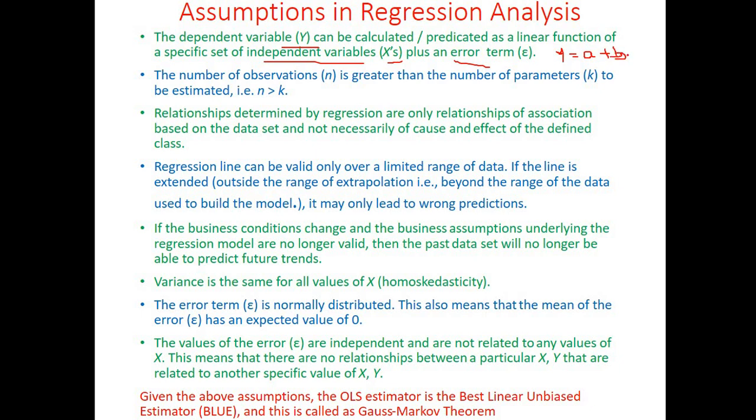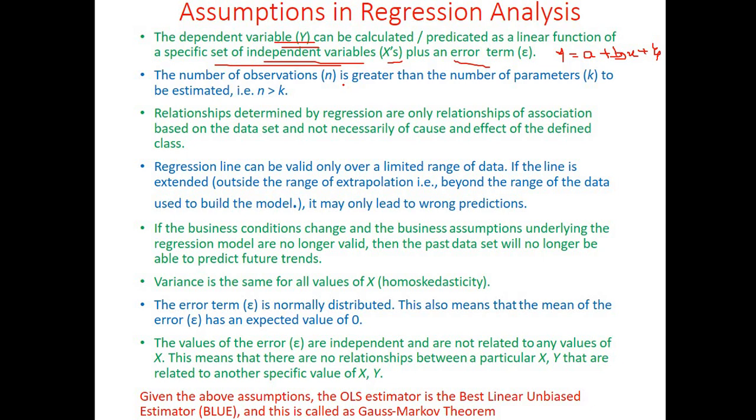In multiple linear regression, y is equal to a plus b1 x1 plus b2 x2. So like that, you have a set of independent variables x1, x2, x3 up to xn, and one dependent variable y, and one error term epsilon will also be there. This error term represents the difference between the predicted value and the actual value.